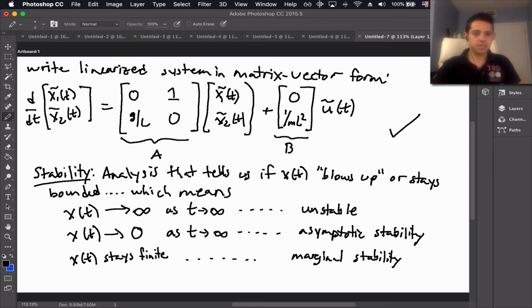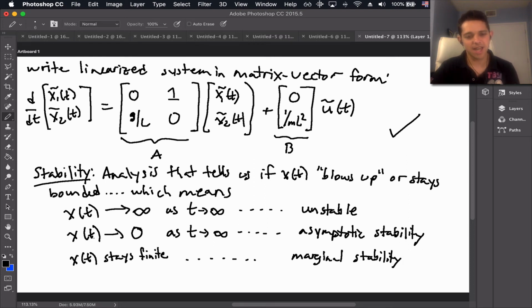Okay. Now, because we're modeling these systems by ordinary differential equations, one way you could check this is by directly solving the differential equations. When you directly solve it, you'll get the trajectory for x, and you could just look at the solution and see, does it go to infinity as time marches forward?